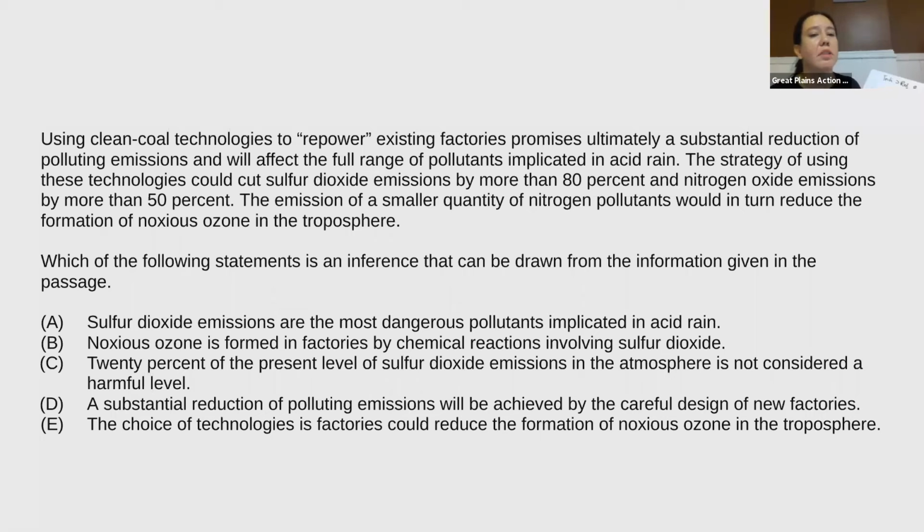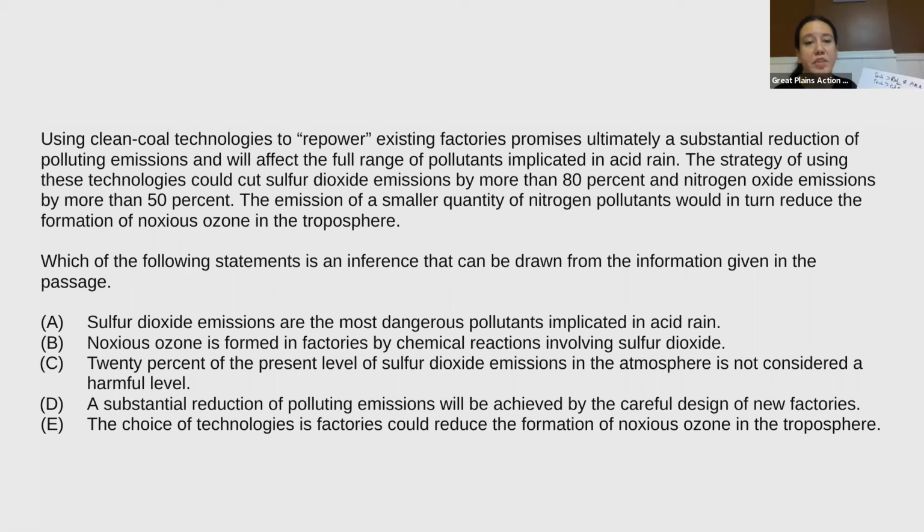Not sure if those numbers are going to be needed, but we'll put them down. So again, if we're using this technology, then cut sulfur by 80 and cut nitrogen by 50.